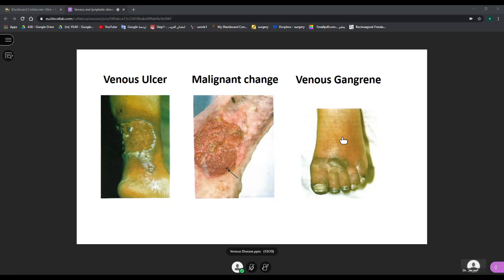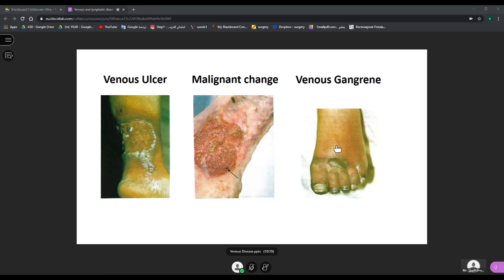So what do you think this patient developed? Signs of inflammation maybe. Okay, another idea? No, I mean, what is the cause of this gangrene?